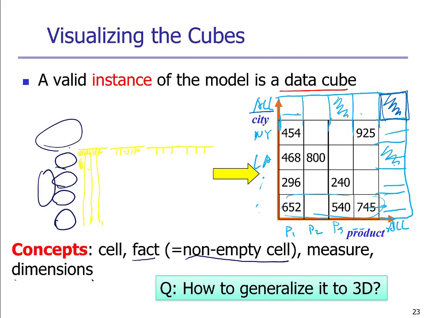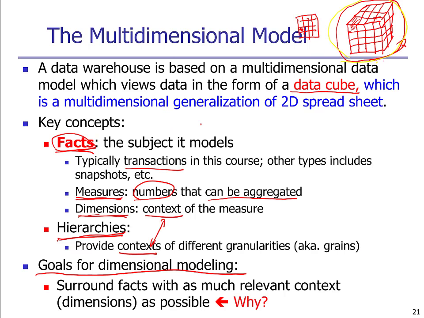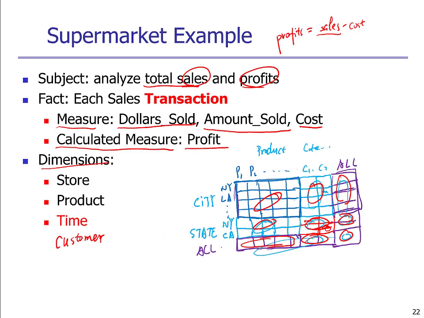Always use an example to help you memorize all these things, all right? And also the hierarchies. Always use an example. For example, here, the measure is the dollars sold, right? The dimensions are, say, store or product or time, such kind of things, right?